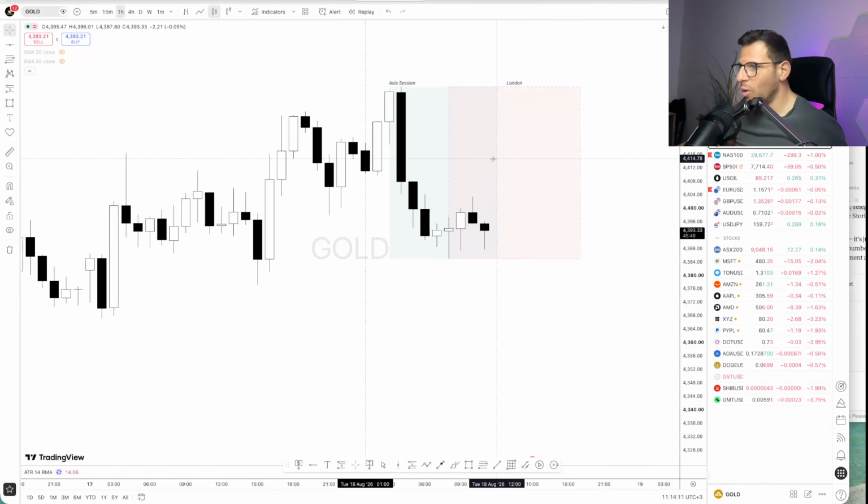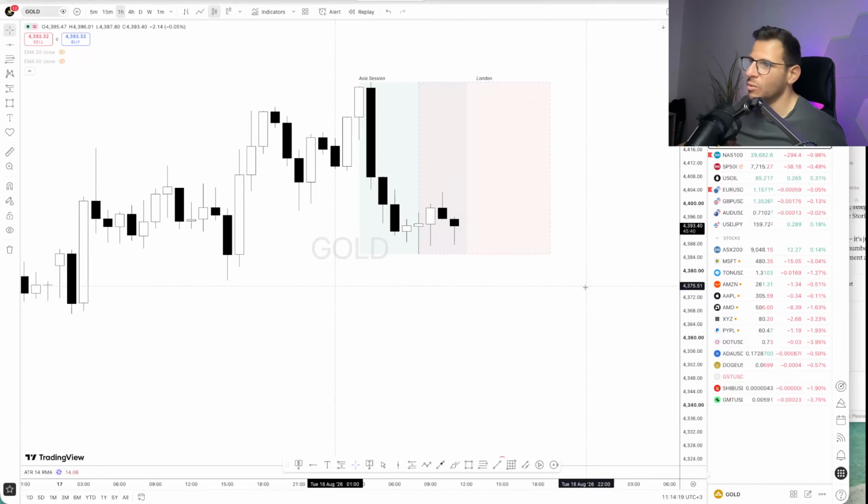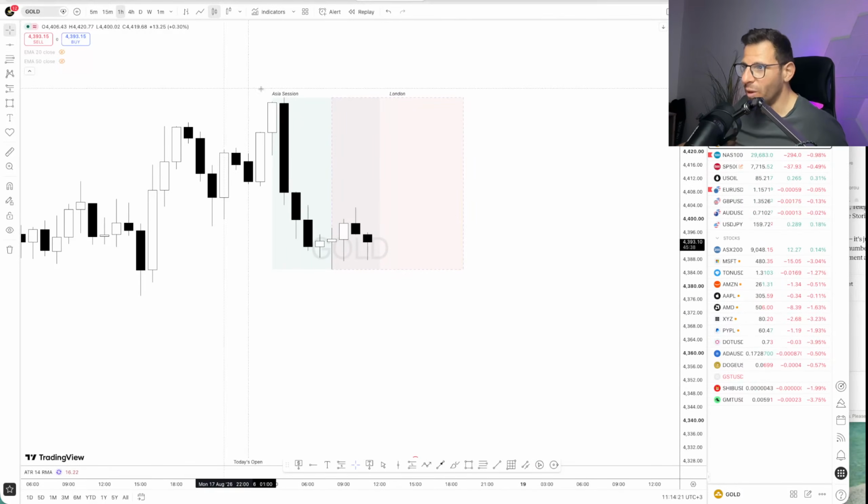So from 12 p.m. my time, which means 10 p.m. UK, we're going to hit the London session without any overlap. Then we are going to the New York session. Let's do this.